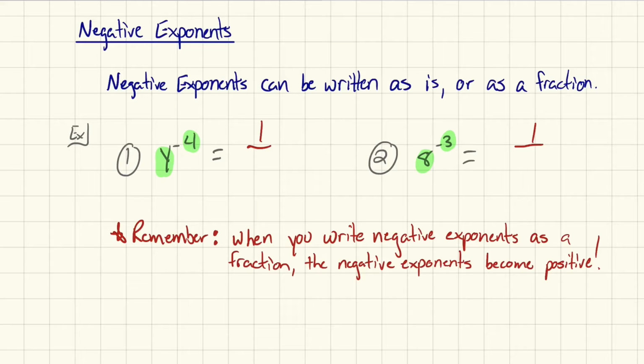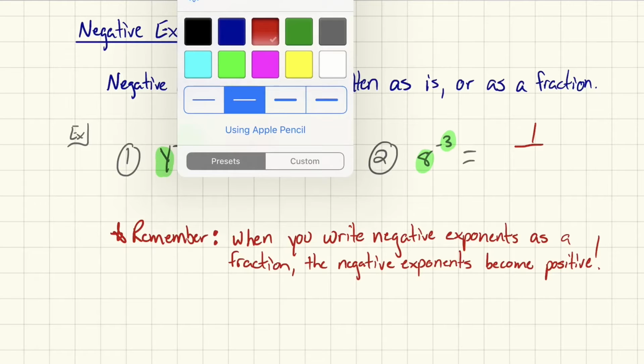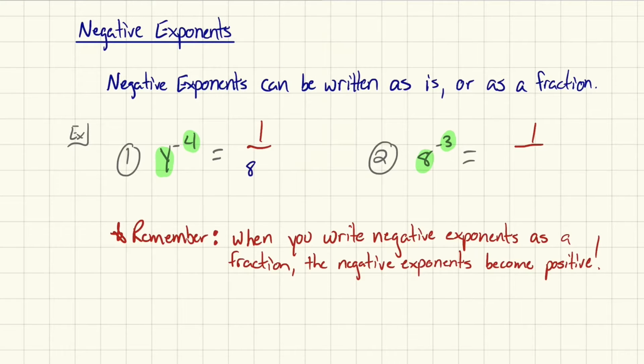In the second example, it's 8 and 3. And all we do is we write that in our denominator. So y to the 4th, 8 to the 3rd. And notice that right here, everything became positive when we wrote it as a denominator.